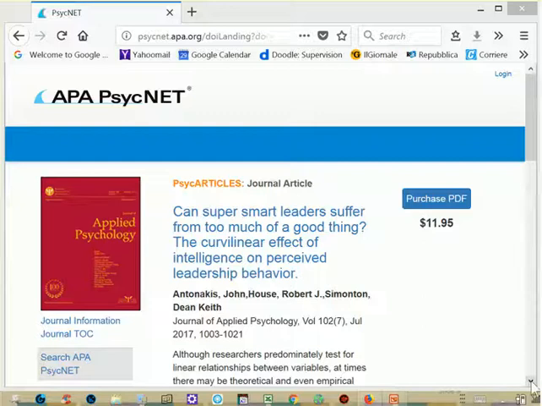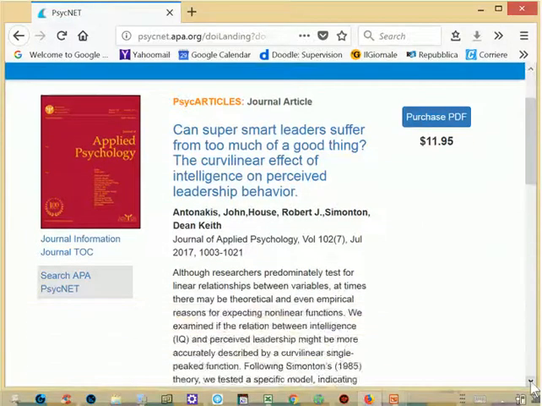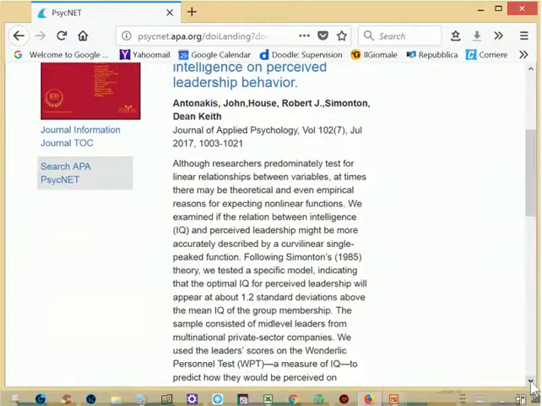Here we see, in the first sentence, we talk about nonlinear functions.